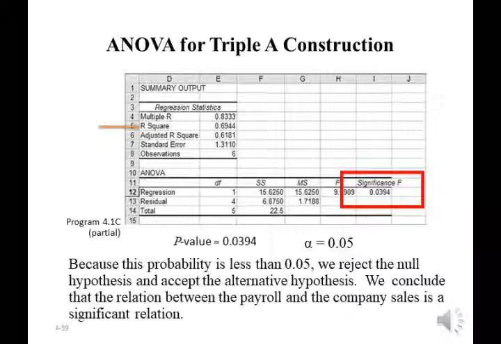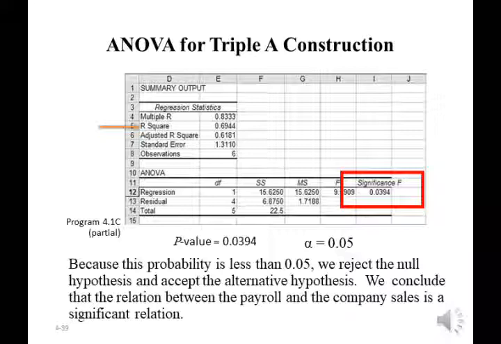You compare p to alpha. If p is smaller than alpha, yani p is smaller than the level of significance, we reject the null hypothesis. In other words, we accept the alternative one.